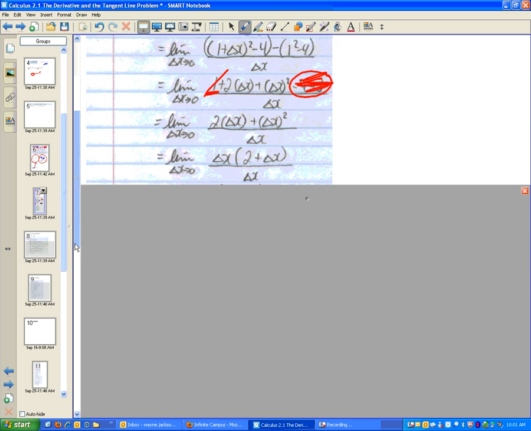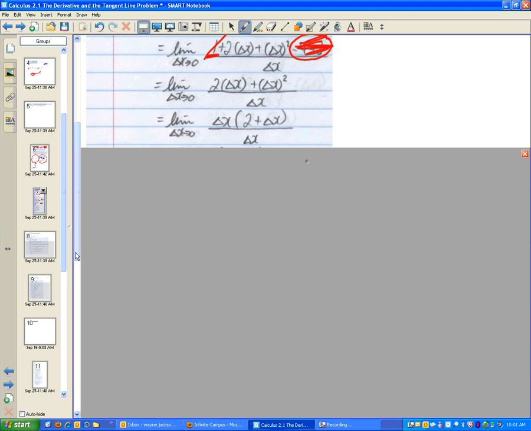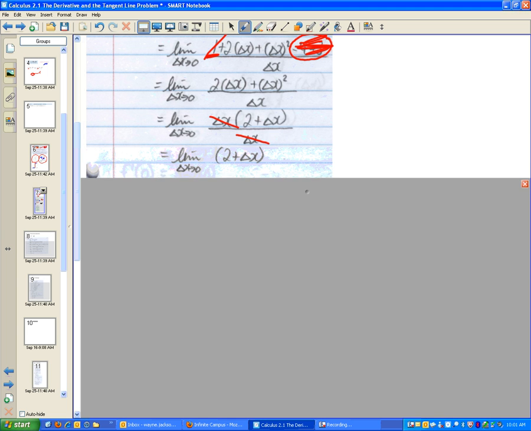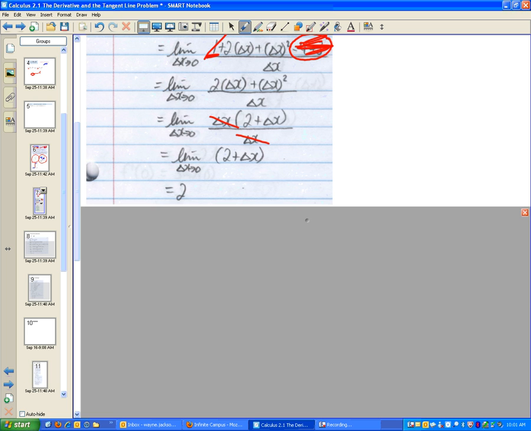So I have the limit as delta x approaches 0 still. Now that I've factored out the delta x, I'm going to divide out the common factor. Now I can substitute, and now I know what the slope of the tangent line is at that particular point.